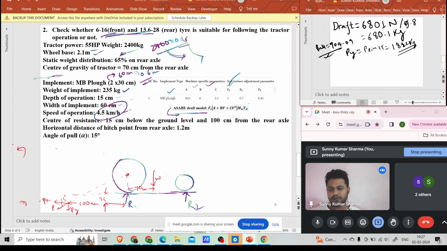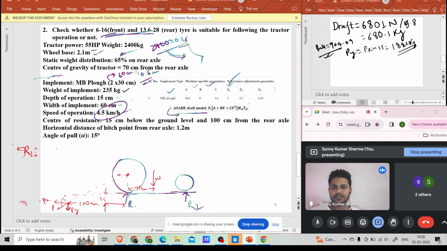This vertical component P1. We will take moments along R1. So along R1, tell me what are the moments applied on this line. What will be the moment arm of this Py, Px, and what is the magnitude of the moments? This Px is applied at a distance of 75 plus this radius.